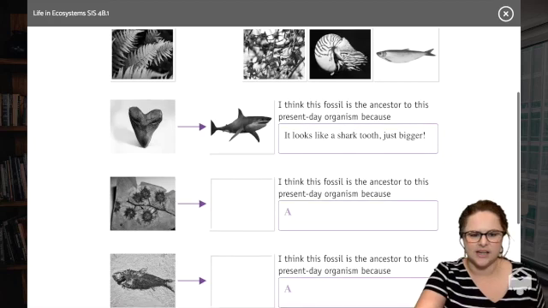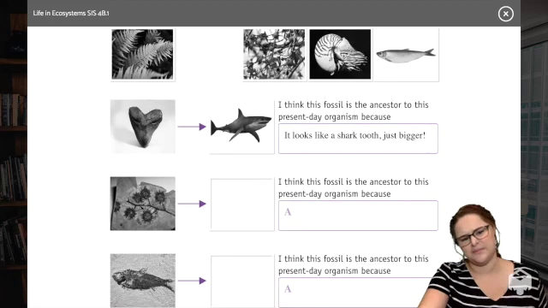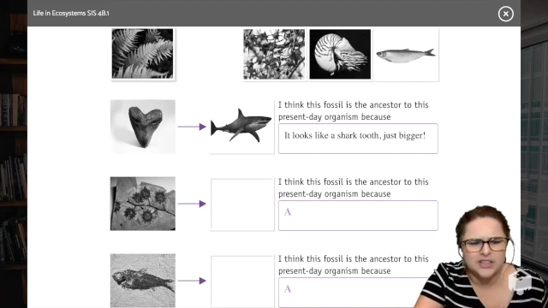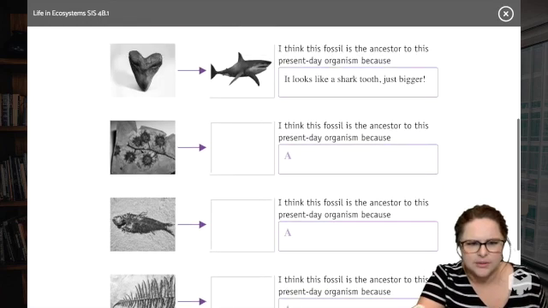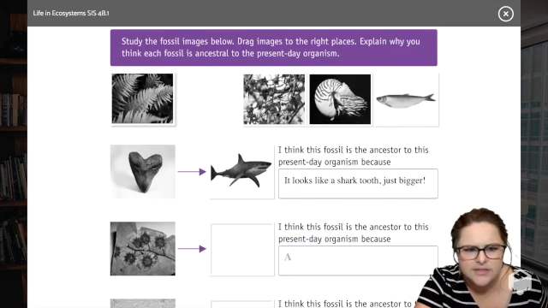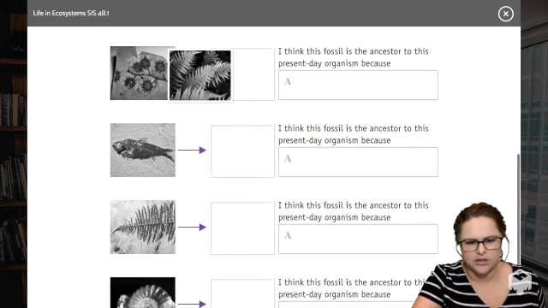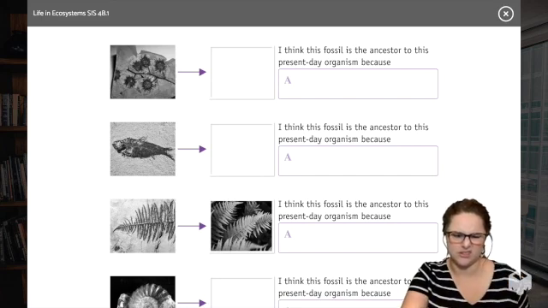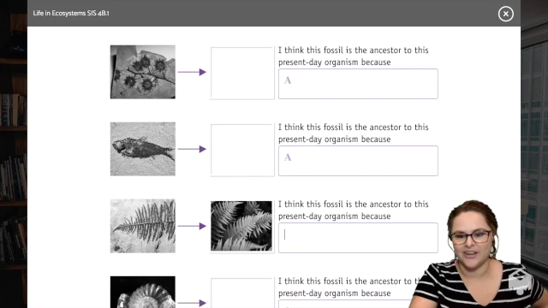Then I see that I have some sort of plant, maybe, that looks like maybe a stem. Looking at this picture, oh, I think that one might have gone with something like this because of the way the leaves are shaped. I'm gonna go ahead and drag that one down here. So I have this type of fern fossil, and then I have its present day plant here.